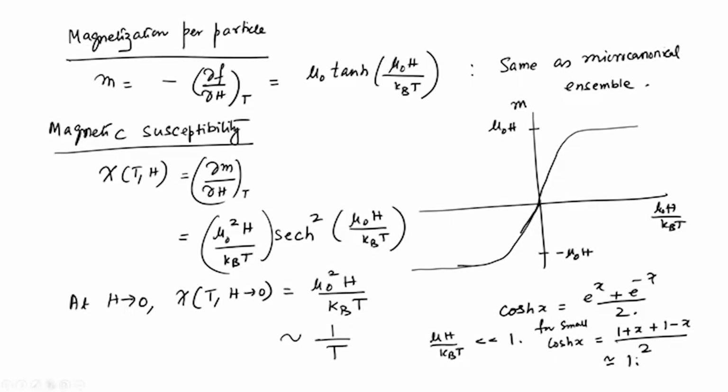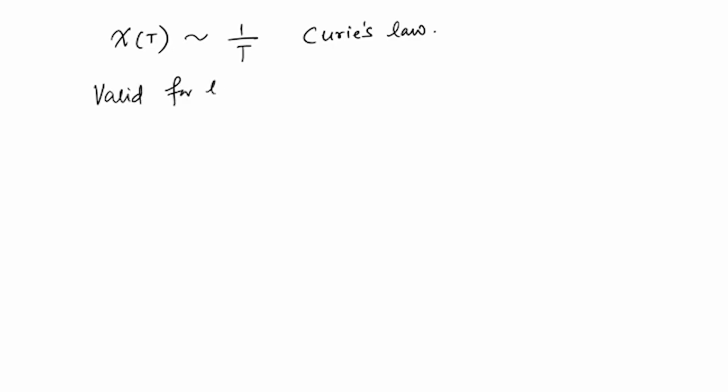So, the sec hyperbolic also becomes equal to 1, and that is how you get this prefactor out, which looks like 1 over T. Now, chi of T, let us just write without that H going to 0, is like 1 over T, which is called Curie's law. Okay. So, once again we make this comment that it is valid for large temperature.